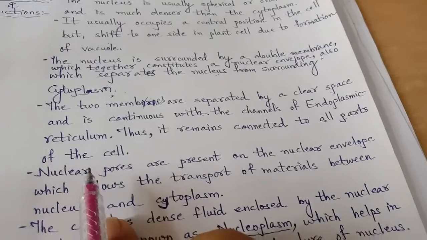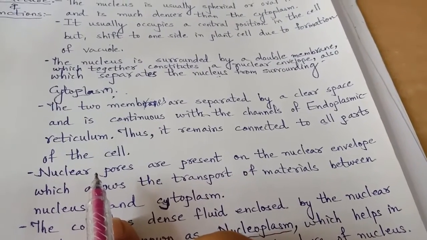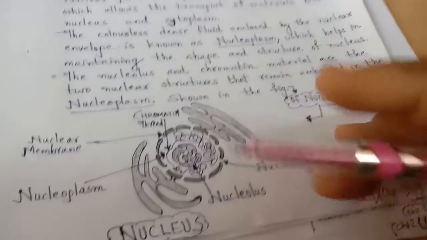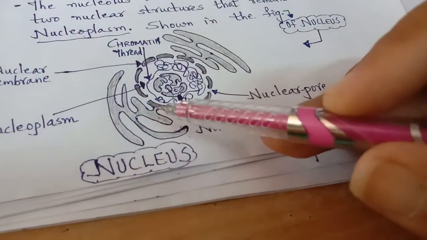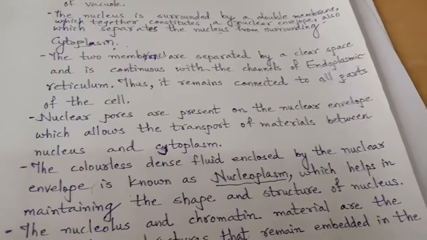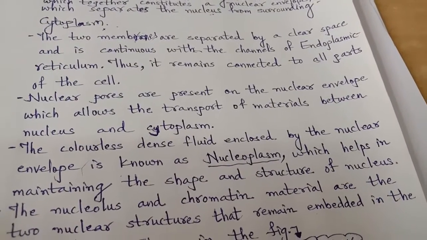The two membranes are separated by a clear space and it continues with the channels of the endoplasmic reticulum. See here, the channel of the endoplasmic reticulum is continuing on both sides, right? Thus, it remains connected to all parts of the cell.